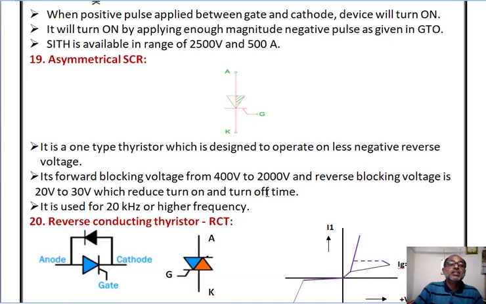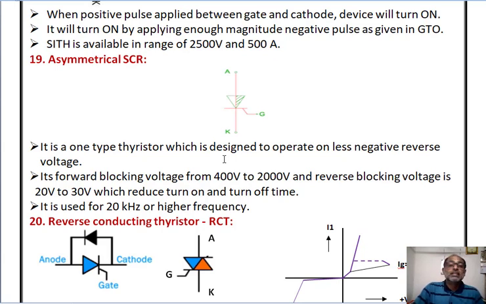Now next, asymmetrical SCR. It is also one type of thyristor, but it is designed in such a way that it operates on a minimum negative reverse voltage. Do you understand? It operates on the negative reverse voltage, but its value is very small.